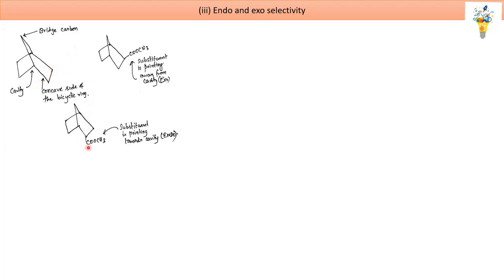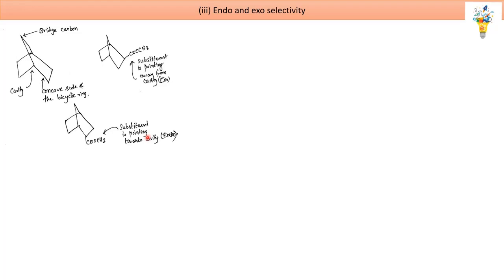Here the group is pointing towards the cavity, so it is called endo. If the bridge carbon and the substituent are in the cis position, it is exo. If they are in the trans position, it is endo. Otherwise, a group pointing towards the cavity of the bicyclic ring is called endo.